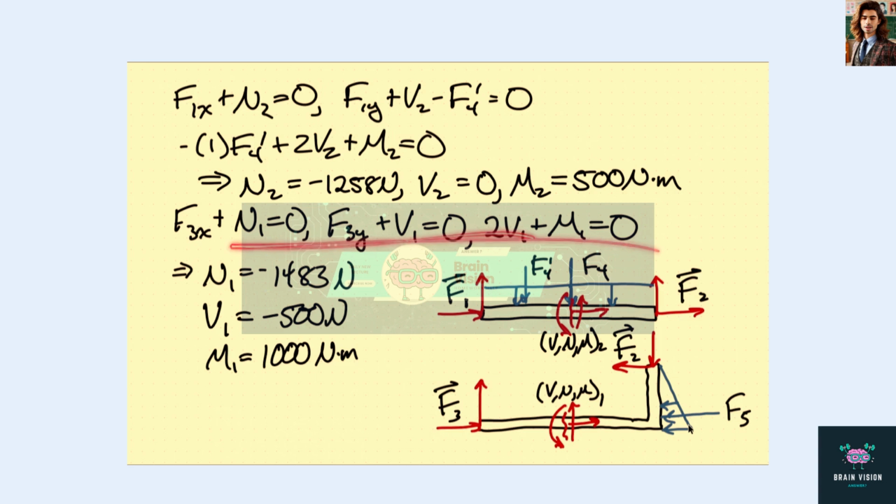These three equations give us N1 is minus 1,483 newtons. Again, this bar is also in compression. The V1 is minus 500 newtons. And we have shear force here because we have this upright section, so we have essentially a moment acting at this end. And then M1 is 1,000 Newton meters.